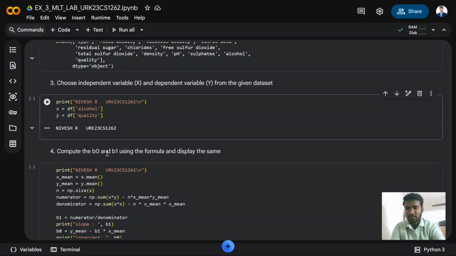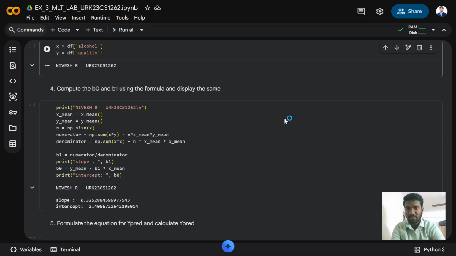Then fourth question is calculate regression coefficients B0 and B1. For calculating linear regression, the formula is y equal to B0 plus B1x. B0 is intercept and B1 is slope.